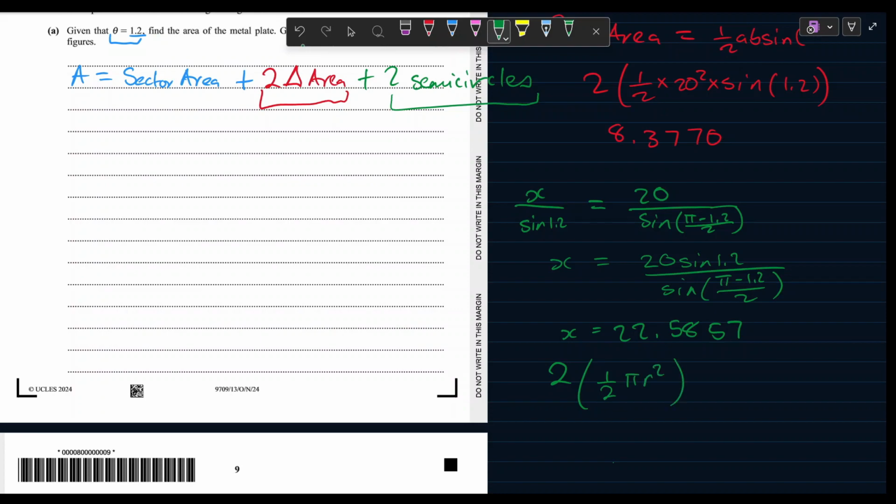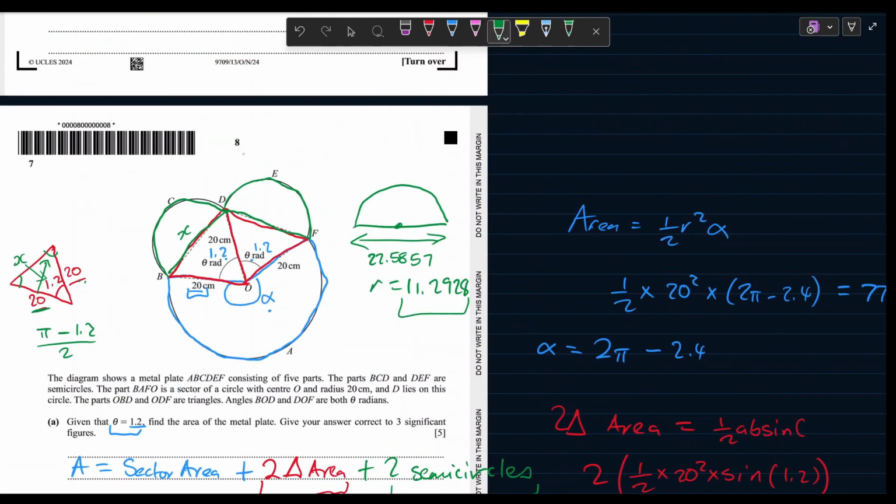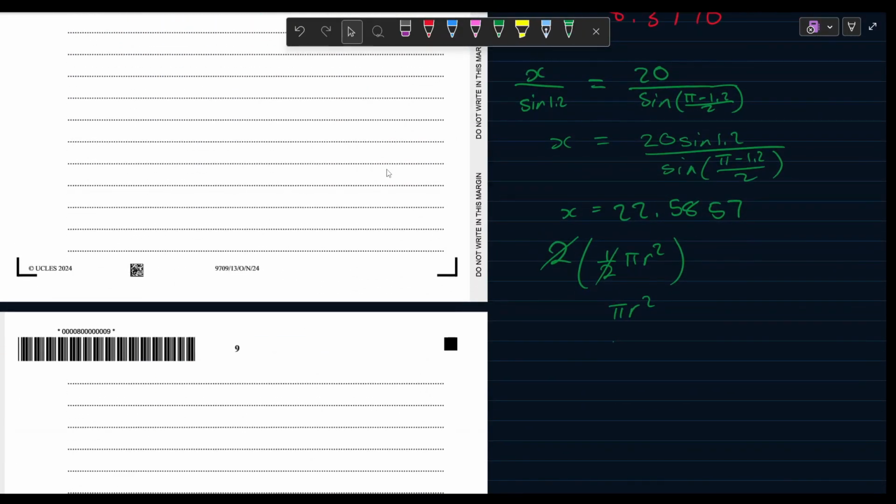Okay. So in essence, the 2 and the half cancel out, because if you put two semicircles together, you essentially end up with a full circle. So we are just finding pi r squared. So we know that our radius r is equal to 11.2928, and this is going to be squared, and we're multiplying by pi.